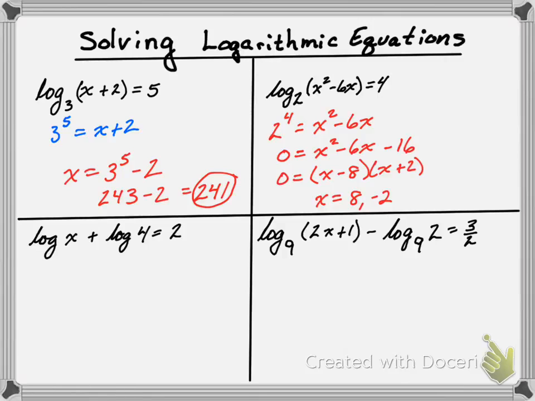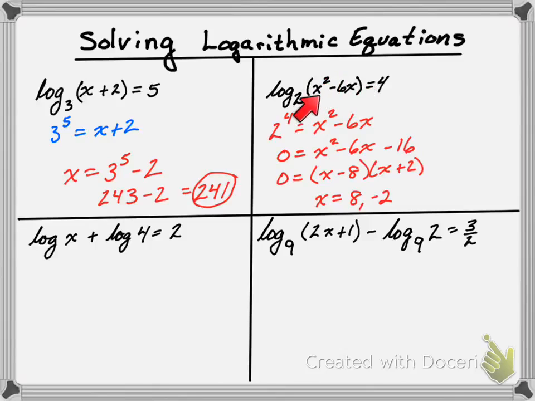Now you need to remember that you need to check your solutions. If we substitute 8 in here, that gives us 8 squared is 64. 6 times 8 is 48. And 64 minus 48 is 16. Log base 2 of 16 is 4, because 2 raised to the 4th power gives us 16.